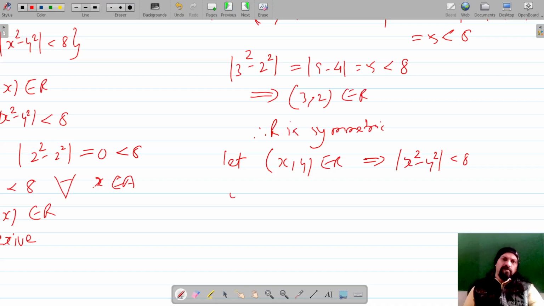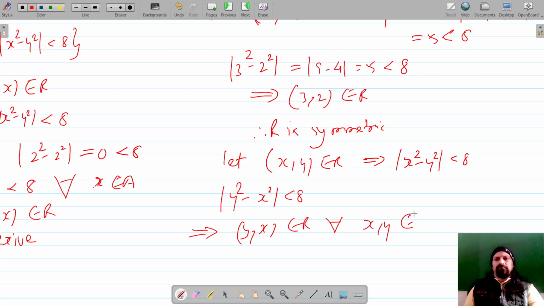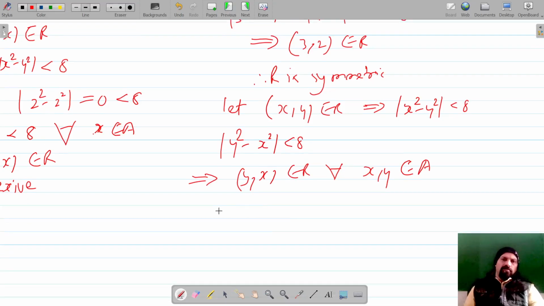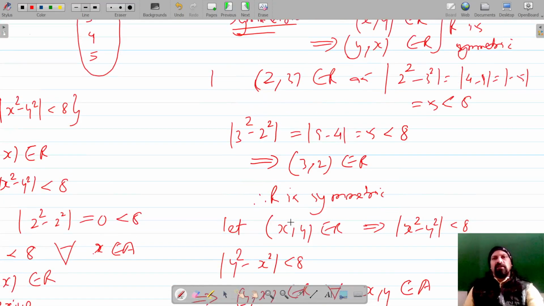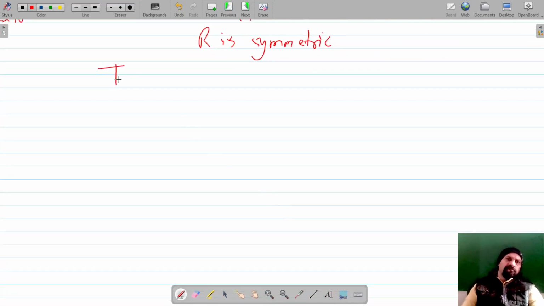If x² − y² is less than 8, this means y² − x² is less than 8, which means (y, x) belongs to R for all (x, y) that belong to A. So R is symmetric.